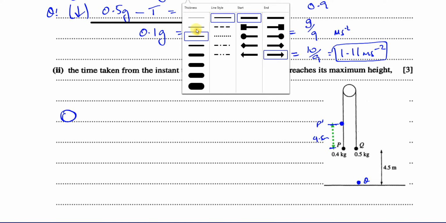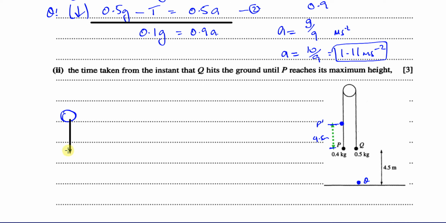It will only be the weight acting on P, which will be straight down. So this is P once Q has hit the ground, and the weight of this is 0.4g, and the tension in the string is gone. The string is not taut, it's basically slack now, so there's no tension in it.